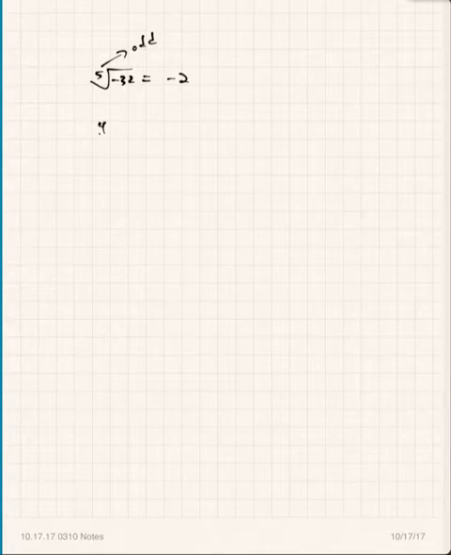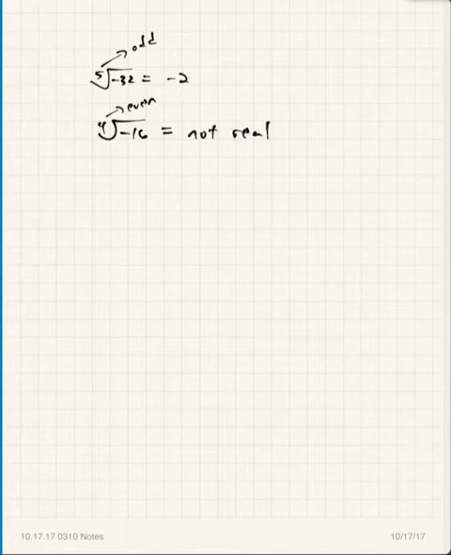But the 4th root of negative 16, right, that's an even root. And so what do you know automatically there? That if you have the even root of a negative number, that's not real. Right? And so you write not real right away. All right, so kind of pay attention to that as well.